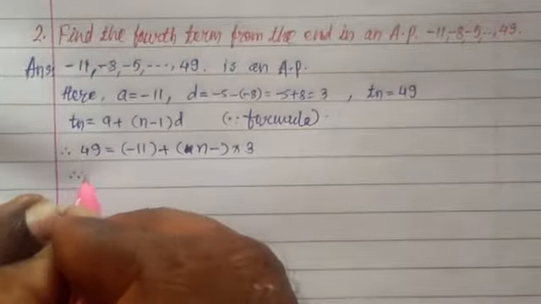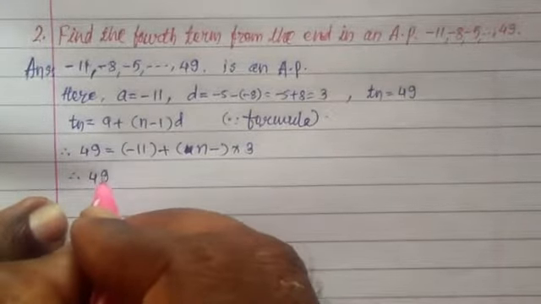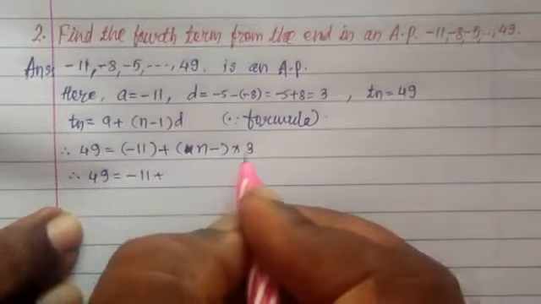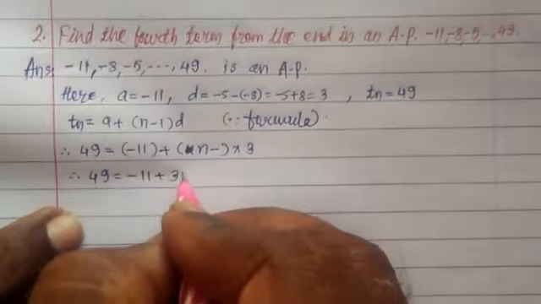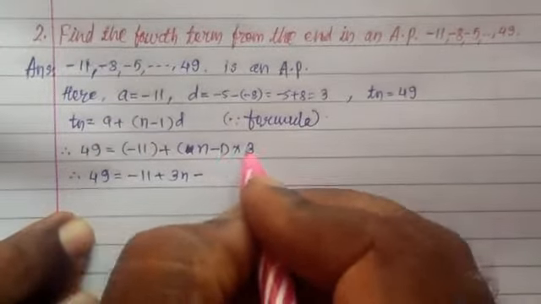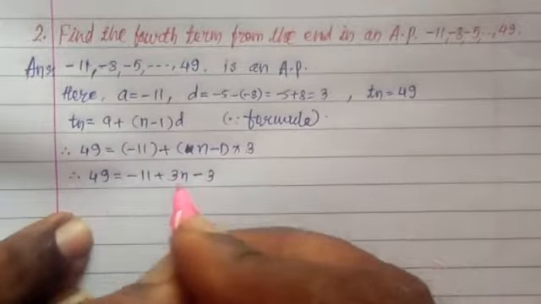Now solving, we get 49 is equal to -11, then plus 3 into n means 3n, then minus 3 ones are 3.